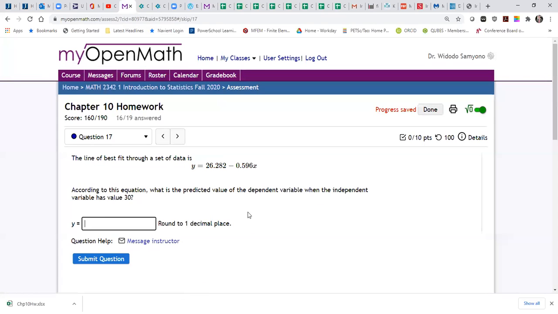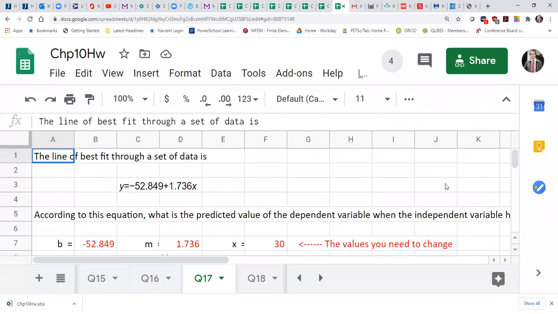Okay, in this case, you're looking for the y. So simply put the dependent variable here, where x equal to 30. And then what is b and what is the gradient?